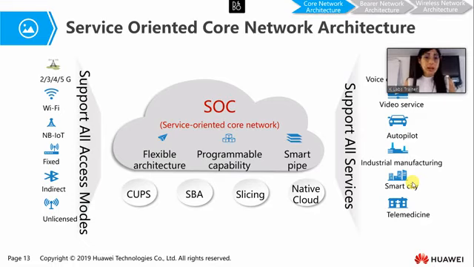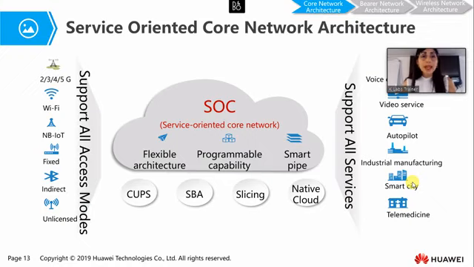It is flexible because it is virtualized, and it is programmable, again, for the same reason. It is virtualized, so if we need more resources, we can add new virtual machines on a server and make this virtual machine emulate the function of one node of the core network. So it is programmable.